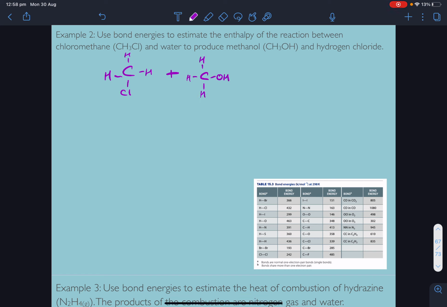It's hinting at the structure there. Oh, I should draw a bond in there, shouldn't I? OH. So chloromethane and water to produce it. Oh, what a duffer. Teaches me to read it. And water, and I'm going to draw water like this to show its bond, produce methanol. Now I'll draw my methanol.